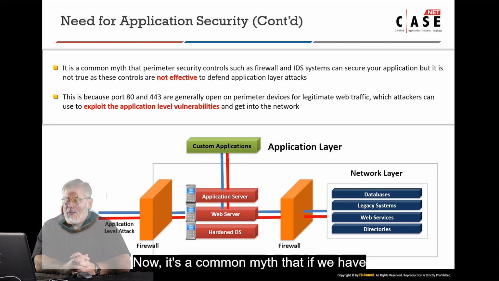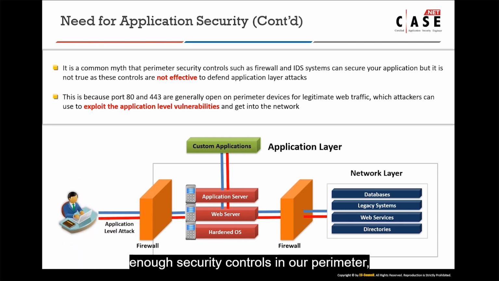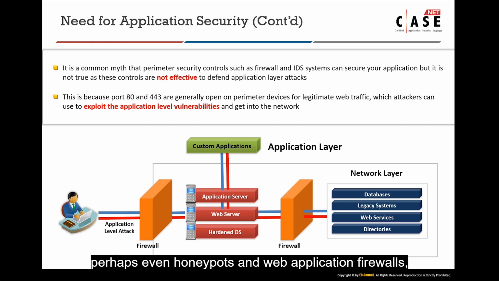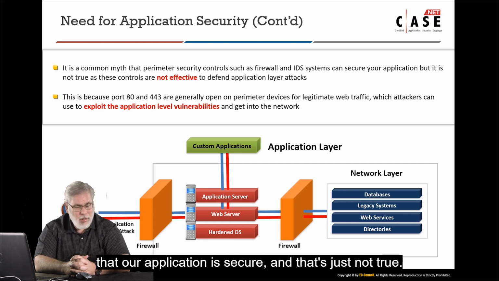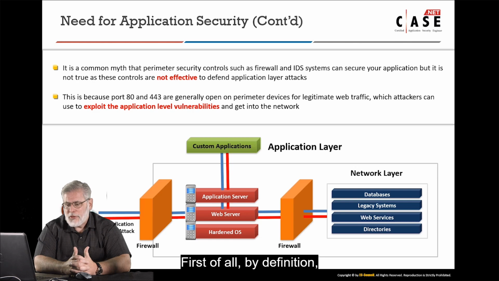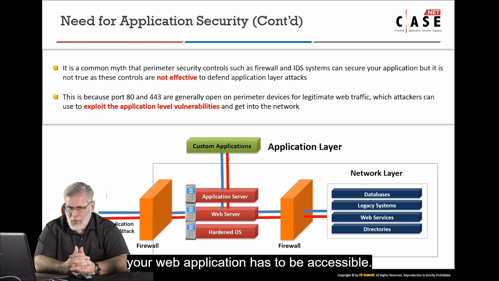Now, it's a common myth that if we have enough security controls in our perimeter, things like intrusion detection systems, firewalls, perhaps even honeypots and web application firewalls, the myth holds that if we have enough of that, then our application is secure. And that's just not true. First of all, by definition, your web application has to be accessible.